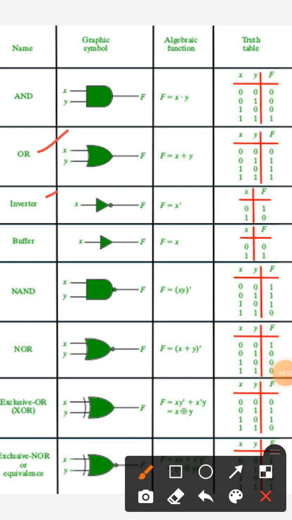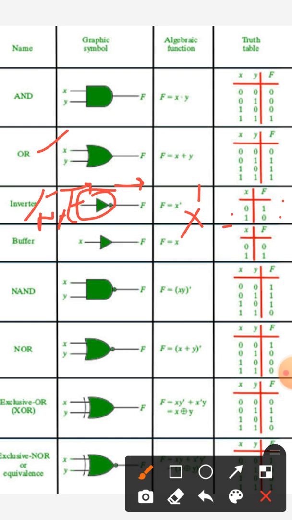Now the inverter gate is also called the NOT gate. Here there is only one input and one output. This is the symbol of a NOT gate, and it is shown by a prime on x. So it just reverses: if we have input 0, then output will be 1, or if we have input 1, at f we will get 0 or low.